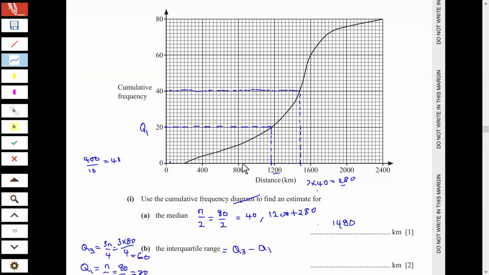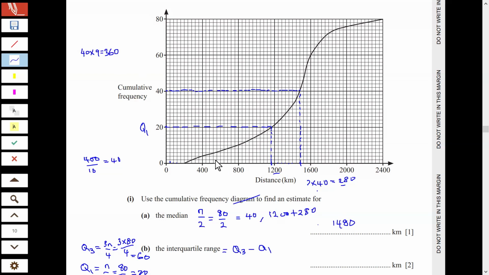We have to count the number of lines from here: 1, 2, 3, 4, 5, 6, 7, 8, 9. So if it's 9, we have 40 times 9, which will be equal to 360.